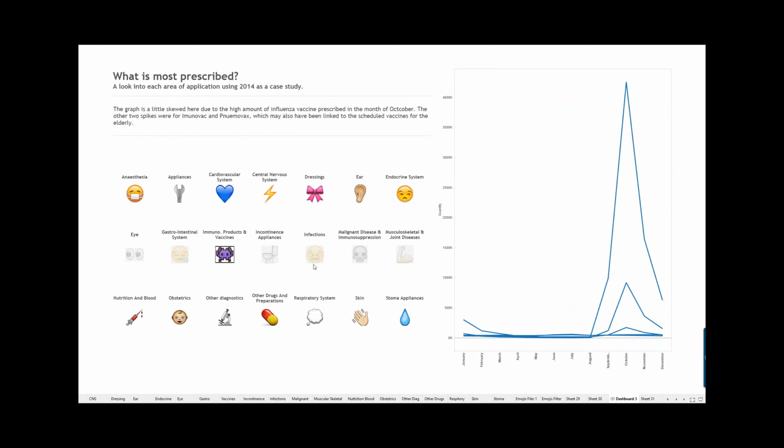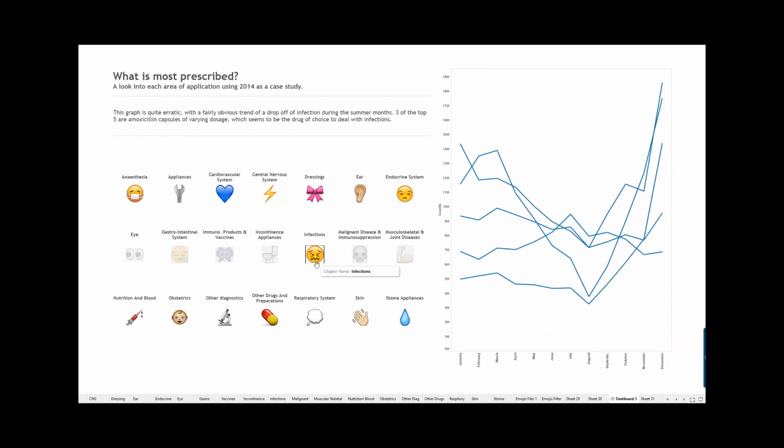I guess there are a few that definitely do. Oh yeah, infections. Definitely do have an annual trend. I guess the way you could have improved the icons and exploring stuff is by maybe grouping them.